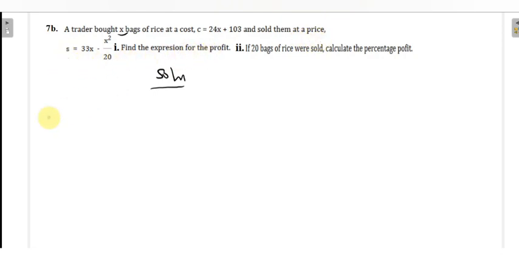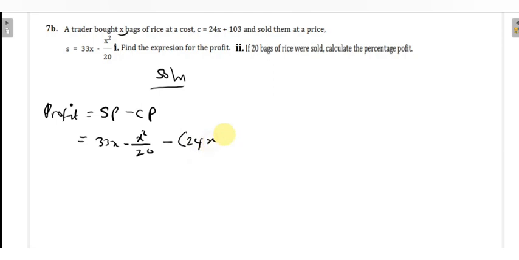So the profit is equal to selling price minus cost price. So that will be equal to 33x minus x squared all over 20 minus the cost price, which is 24x plus 103. So if we expand this, this answers the first part, the expression.